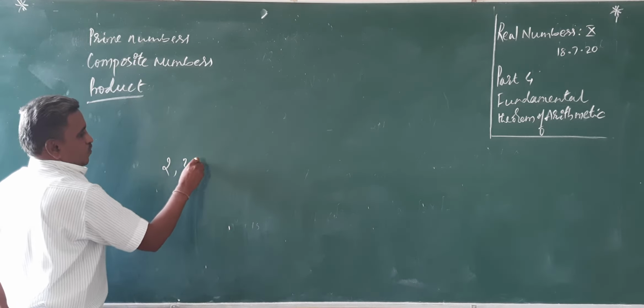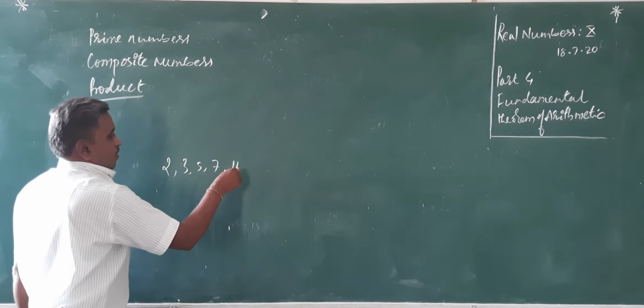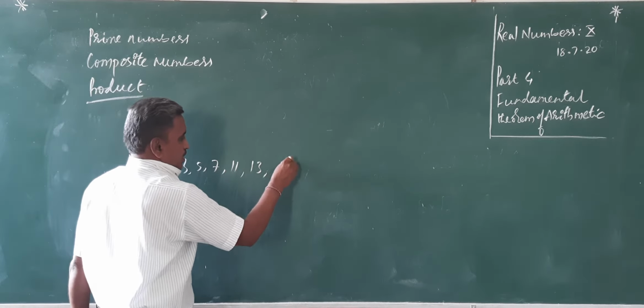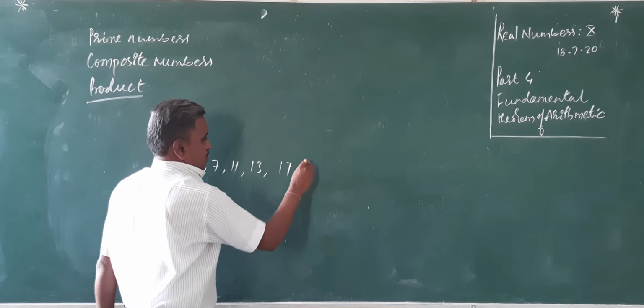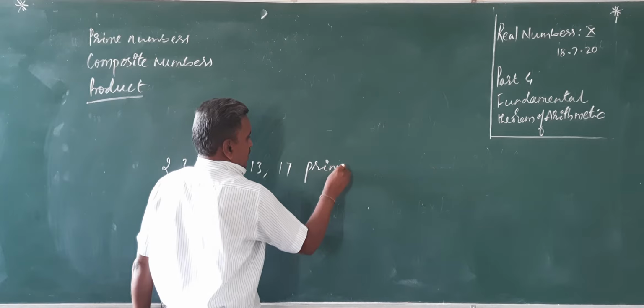2, 3, 5, 7, 11, 13, 17 are prime numbers.